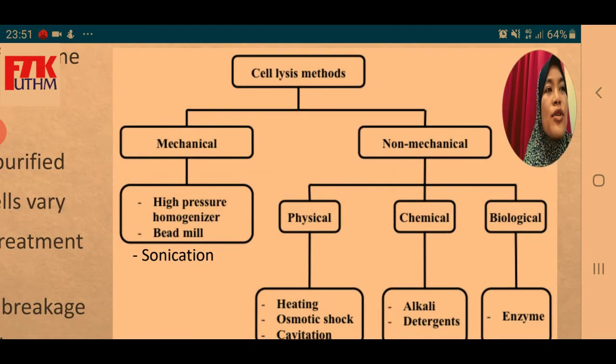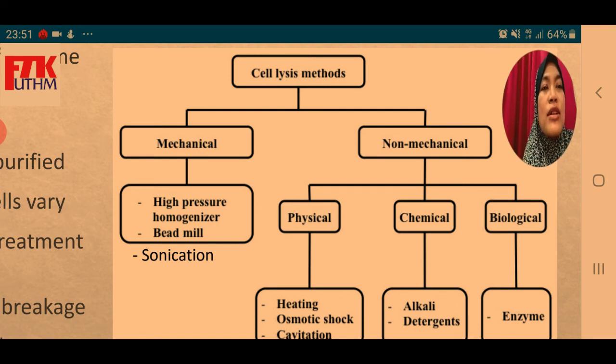For microbial cells and enzymes, the mechanical methods are usually used in order to perform large-scale lysis.